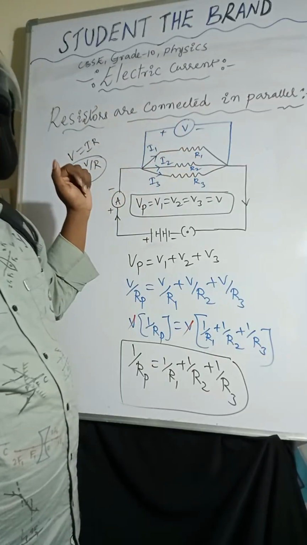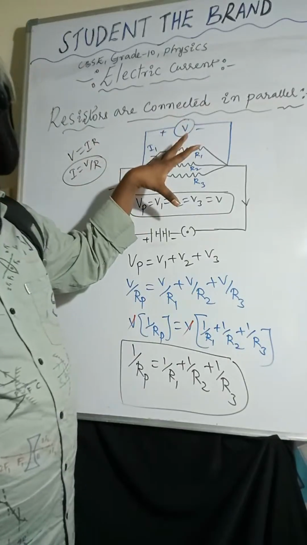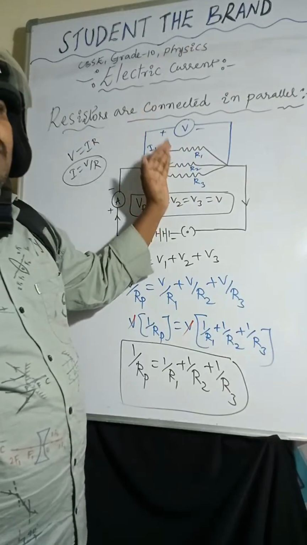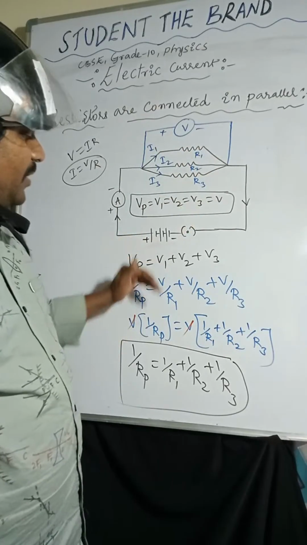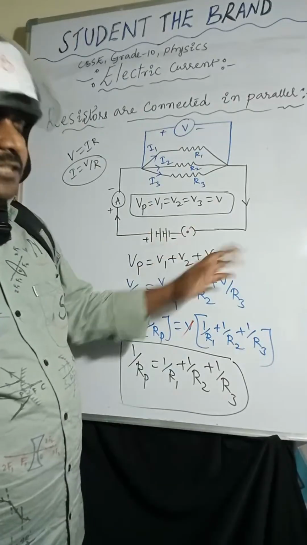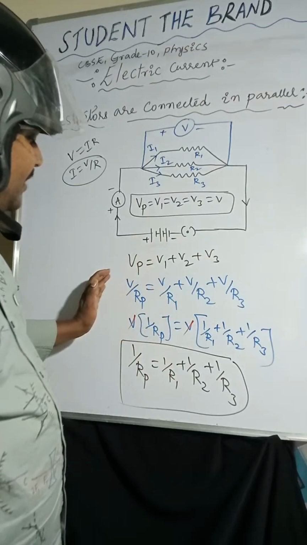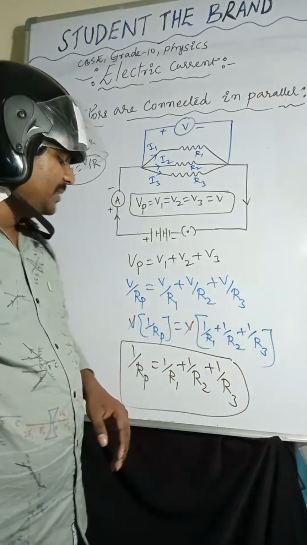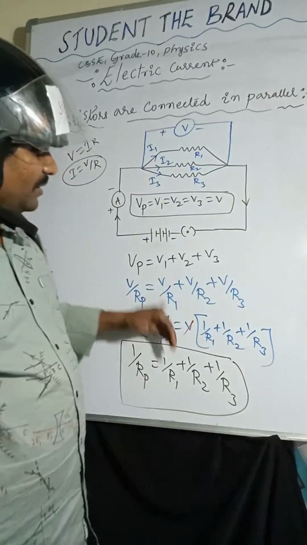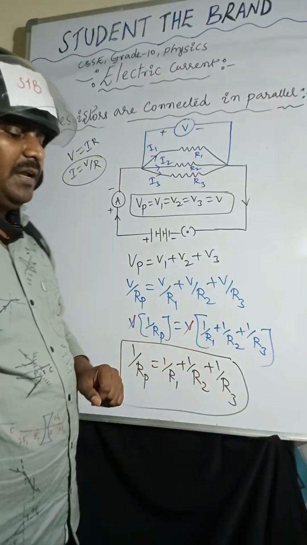Potential difference is the same: Vp equal to V1 equal to V2 equal to V3 equal to V. So V by Rp equal to V by R1 plus V by R2 plus V by R3. Taking V common, V cancels, and 1 by Rp equal to 1 by R1 plus 1 by R2 plus 1 by R3. So this is the formula.